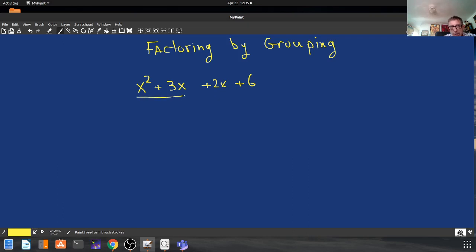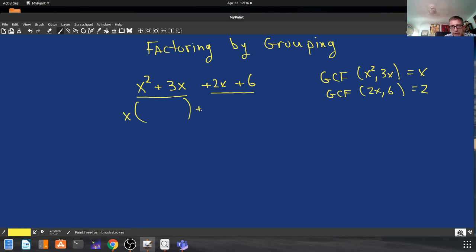Instead, you want to bring it into 2 groups of 2 and find the GCF of x squared and 3x, and that's just equal to x, and then the GCF of the second group, 2x and 6. So that's equal to 2. So you bring out your GCF of the first, x, and then plus 2 in your grouping.